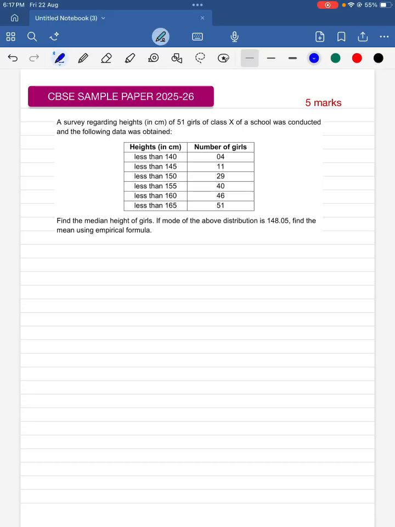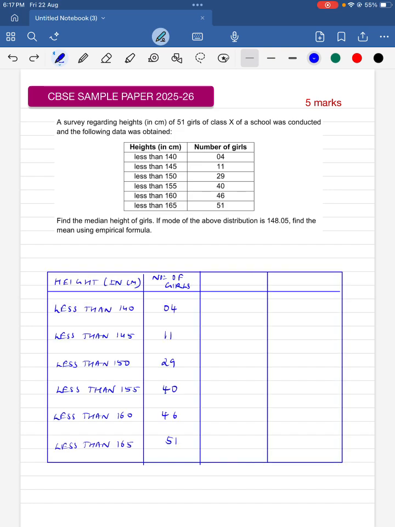That is, when you're given the number of students having a height less than 140, they're talking about the cumulative frequencies. So let's draw the table again and then just add in two new columns, that is class interval and the frequencies, the actual frequency.